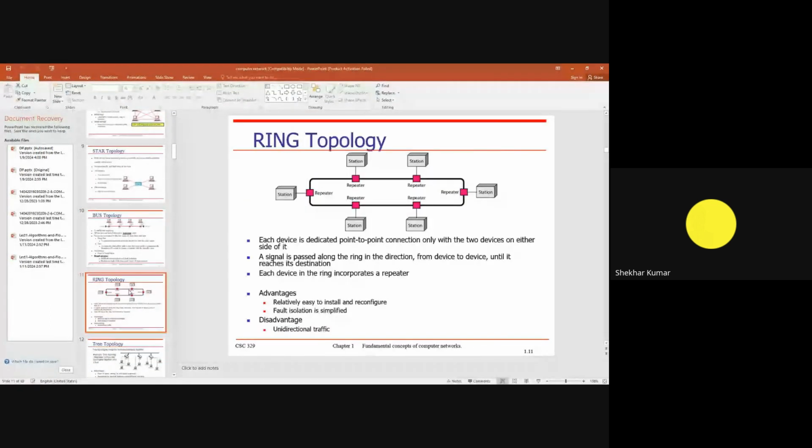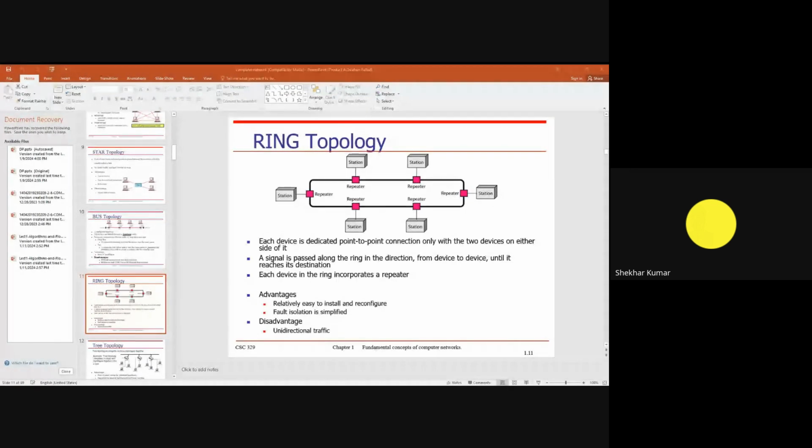Next is your ring topology. In the ring topology, as the name suggests, ring means circle. It is called ring topology because it forms a ring and each computer is connected to one another. It forms a ring as each computer is connected to another computer, with the last computer connected to the first one.